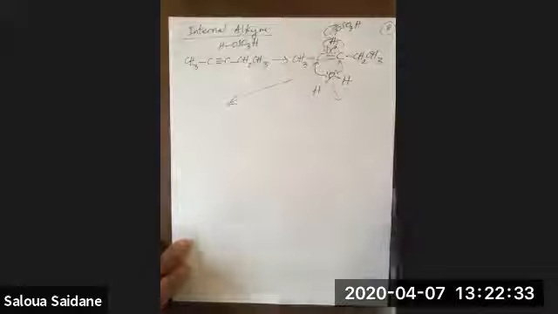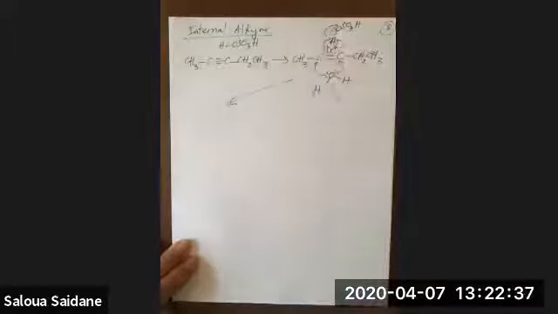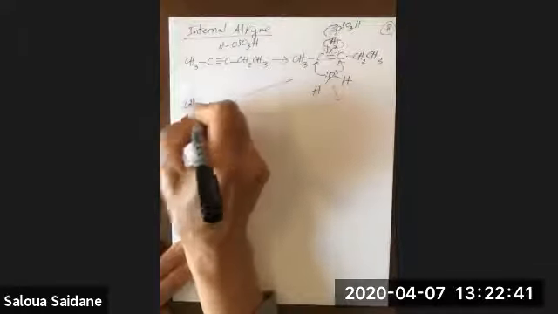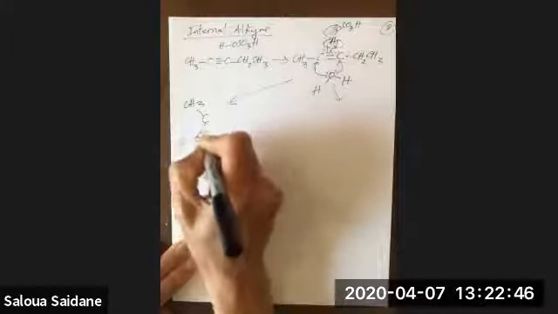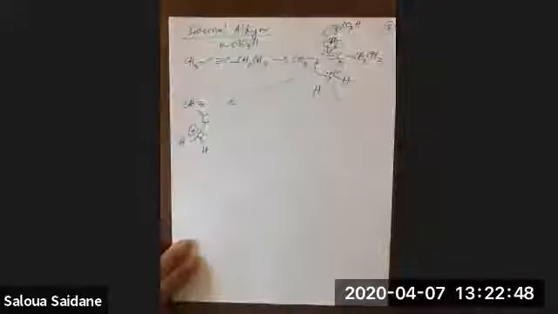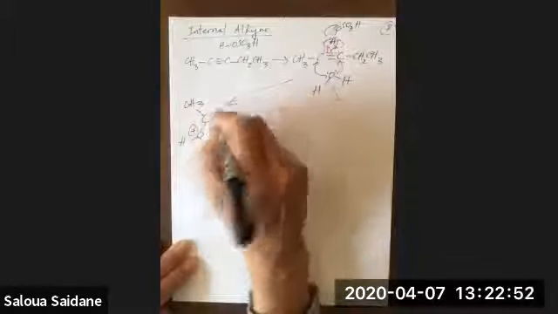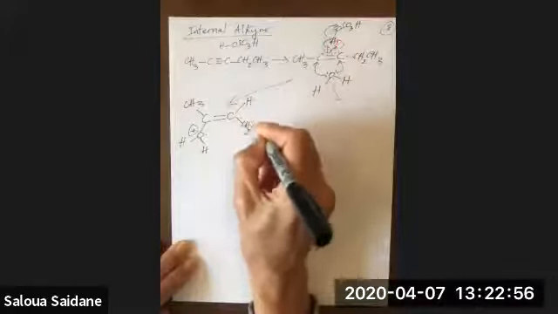So on the green one, the OH will be on the carbon on the left. So it's going to be C, CH3, OH, H plus, and then a double bond C, H, CH2, CH3.